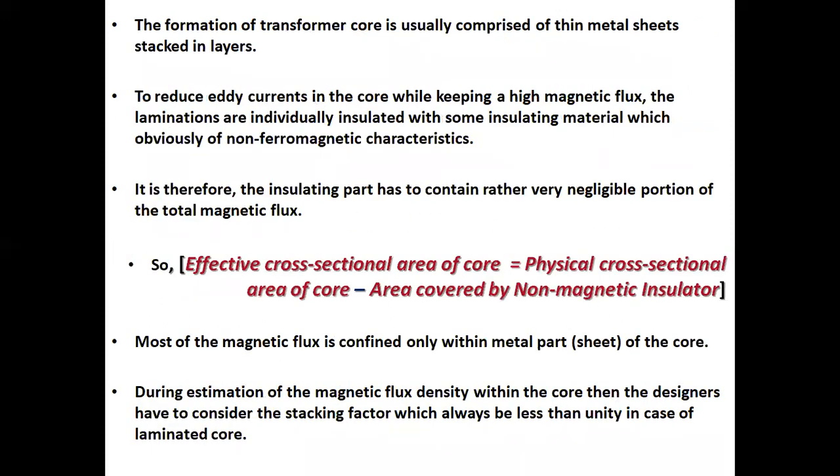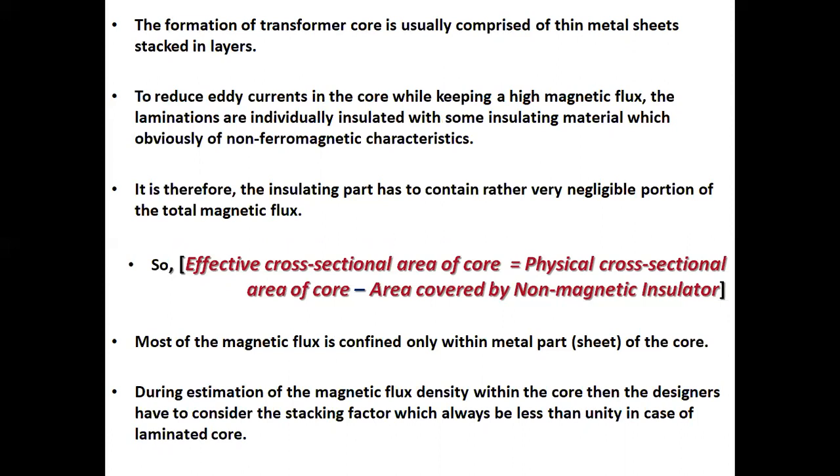The transformer core is usually comprised of thin metal sheets stacked in layers. To reduce eddy currents in the core while keeping a high magnetic flux, the laminations are individually insulated with an insulating material, which is non-ferromagnetic.